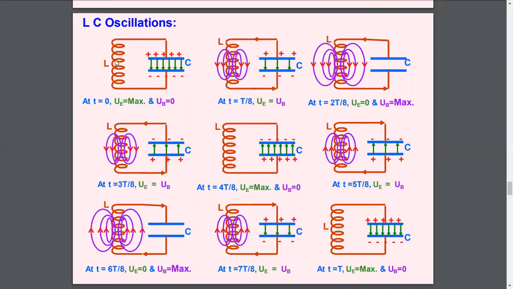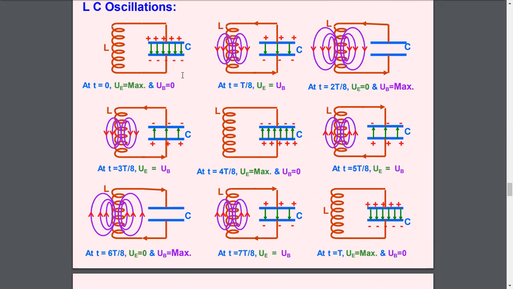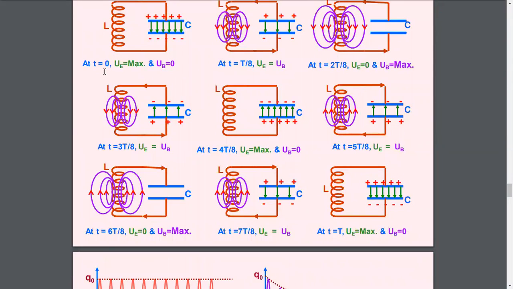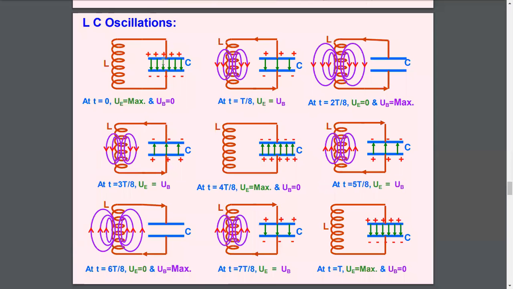Now this inductor again discharges or transfers magnetic energy to the capacitor in the form of electrical energy, and so on. So you see here at time t equal to 0, the total energy is appearing over the capacitor.